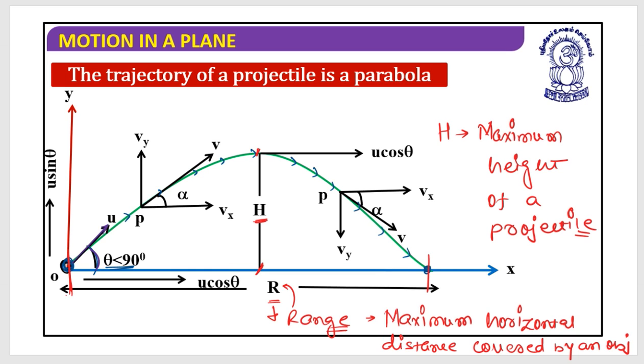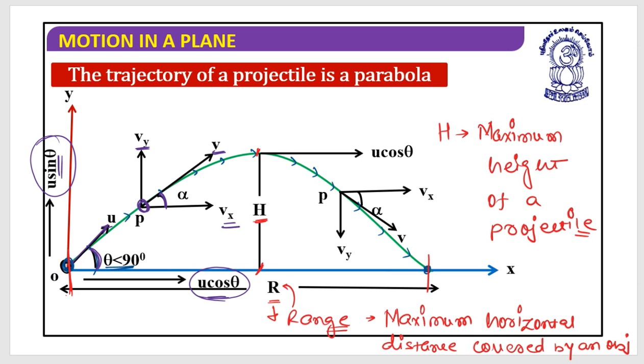So this is u, divided into two components: one is u cos theta and the other is u sin theta. This is the horizontal direction's initial velocity and this is the vertical direction's initial velocity. At some arbitrary place, this is Vx, this is Vy, and this is the velocity V. It's the vector addition of these two, and it makes an angle alpha.